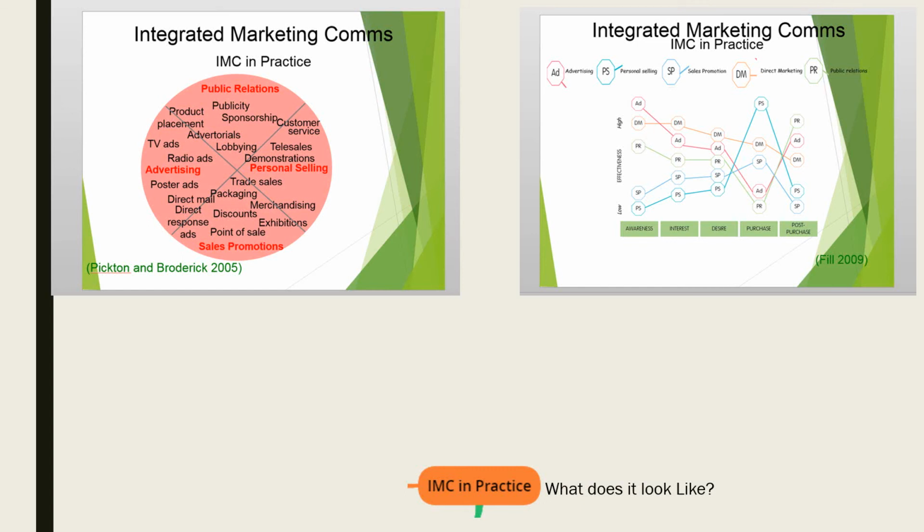If you can see on the diagram, going bottom to top, you've got the levels of effectiveness, and along the bottom left to right you've got awareness, interest, desire, purchase, post-purchase, and that's part of the consumer purchase journey. So on the different parts of the consumer purchase journey, you've got the effectiveness of different marketing comms and how they work.